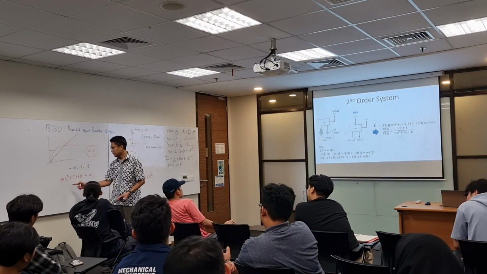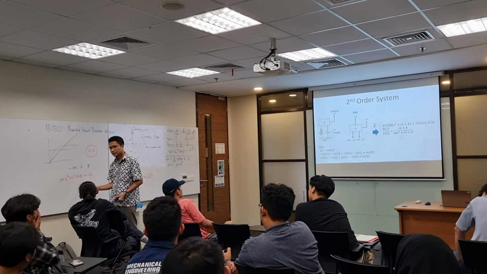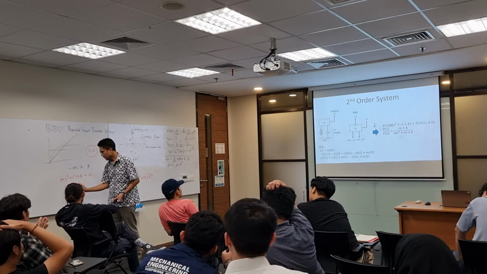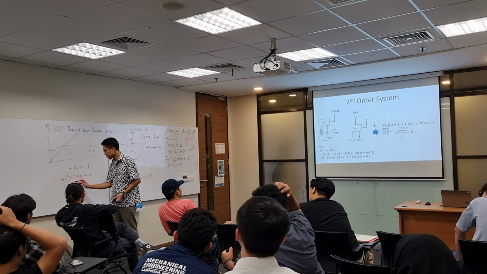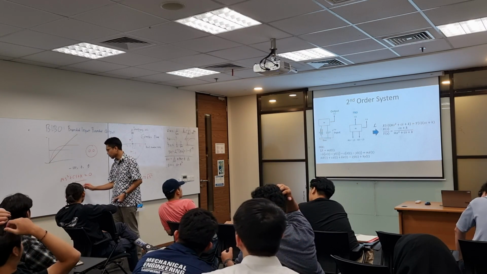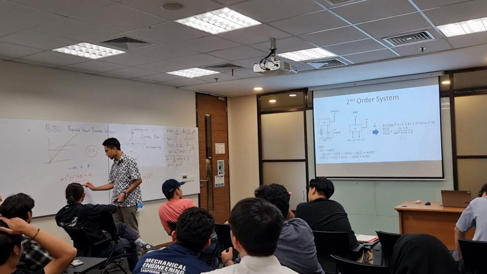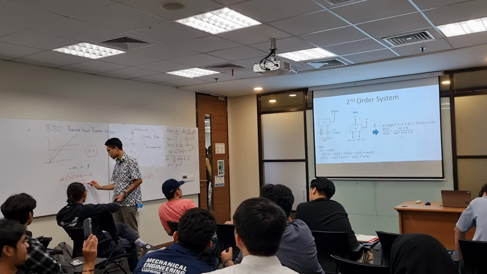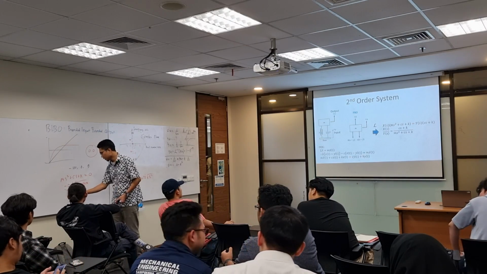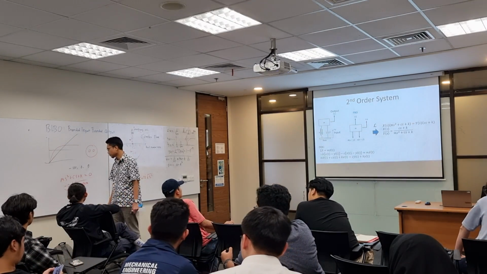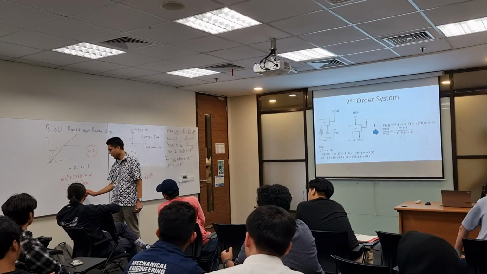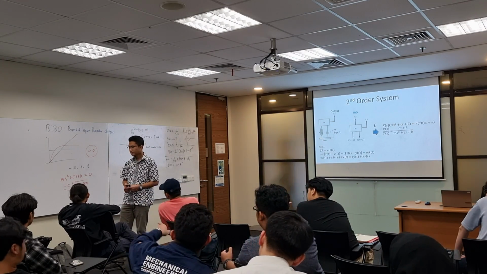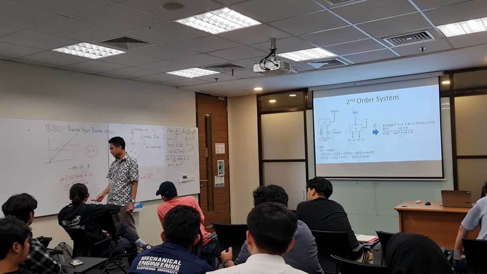So how do we find the roots of that? Minus b, plus or minus the square root of b square minus 4ac, divided by 2a. Here that is minus c, plus or minus the square root of c square minus 4km, divided by 2m.